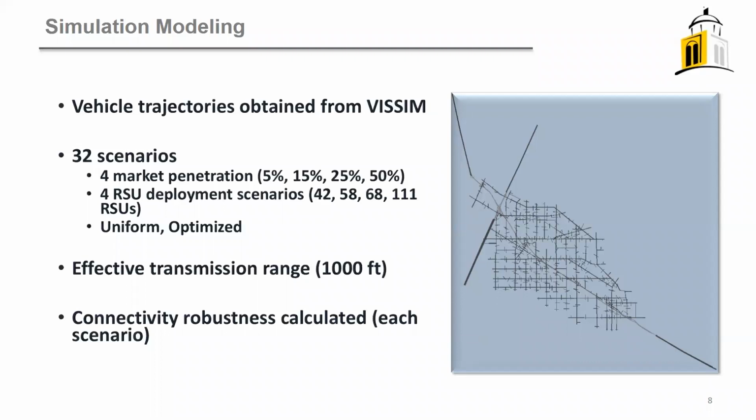Based on these nodes, I'm trying to allocate and deploy them in locations until I achieve a higher benefit or a higher connectivity robustness value. So my research didn't need this kind of high level detail of the functionalities of either the vehicles or the roadside units.